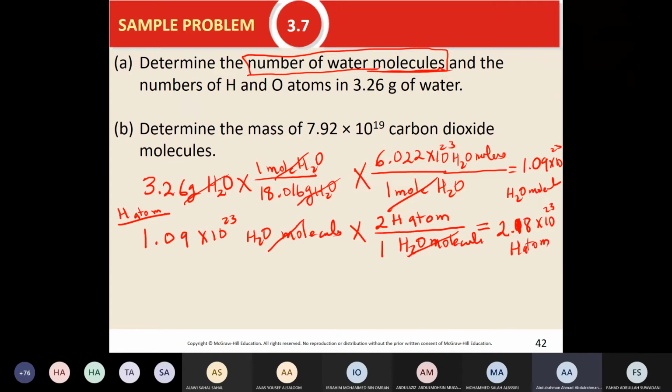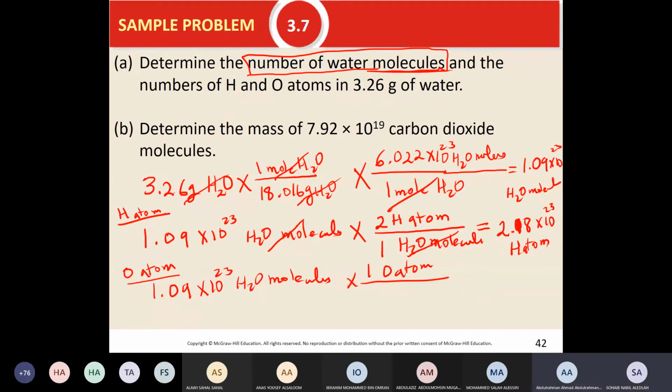If I want to know how many O atoms there are, multiply by 1 O atom over 1 H2O molecule. 1.09 times 10 to the power 23 H2O molecules times 1 O atom for each H2O molecule.